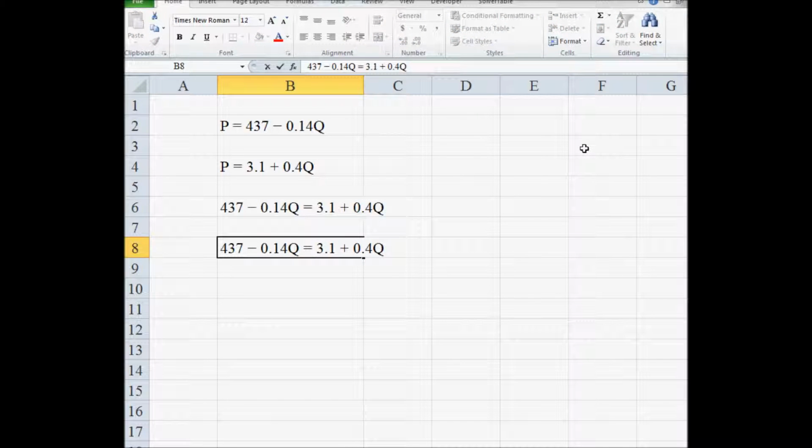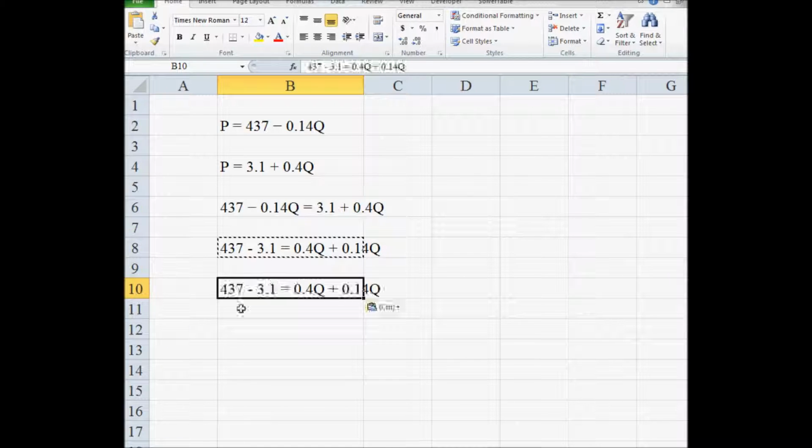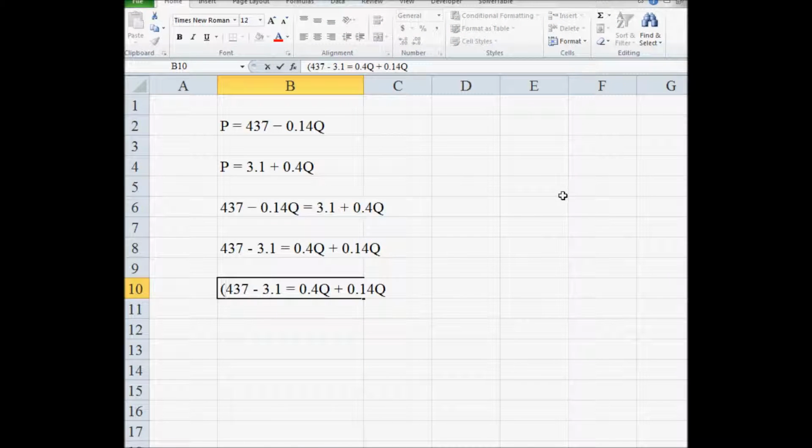So I'm going to add over this quantity and I'm going to subtract over the 3.1. Then I'm going to do some factoring.